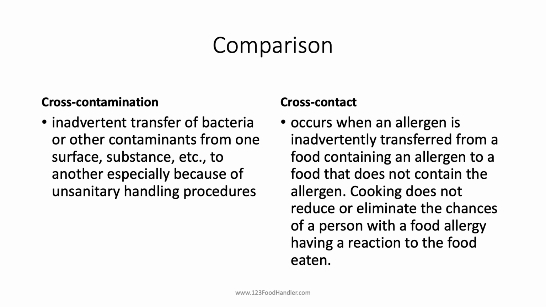But when we look at cross-contact, we kind of isolate out one particular contaminant. It occurs when an allergen is inadvertently transferred from one food containing an allergen to another food, or maybe a surface, that does not contain the allergen. Cooking does not reduce or eliminate the chances of a person with a food allergy having a reaction to the food eaten.